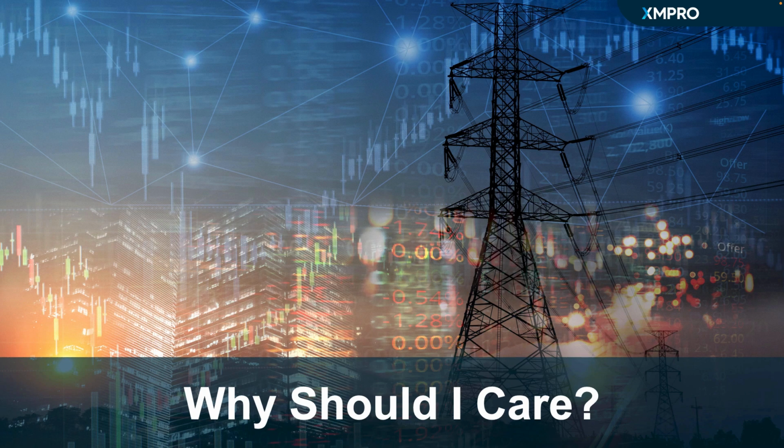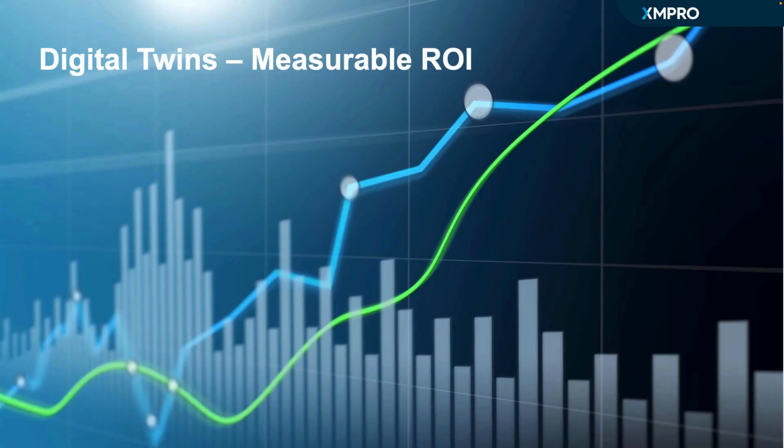The second question that we get is, why should I care? Again, in energy and utilities, some of the examples here are really around the measurable ROI. This is how Michael Grieves talks about the impediments of digital twins and why, from an adoption perspective, one of them is that you have to have value-based use cases, because accountants are the killers of joy, according to him.